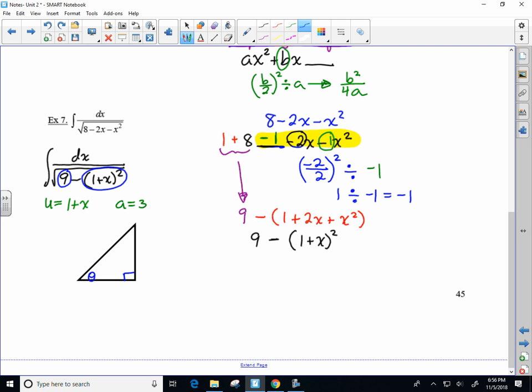In fact, the only way you're getting a subtraction in your radical is if one of the two components, the u or the a, is the hypotenuse. It's just a question of which one you want to come first in the radical. If I wanted the 1 plus x to come first, I'd make u the hypotenuse. If I want the 9 to come first, I'd make the 3 the hypotenuse. So that's what I'm going to do. I'm going to make the 3 the hypotenuse.